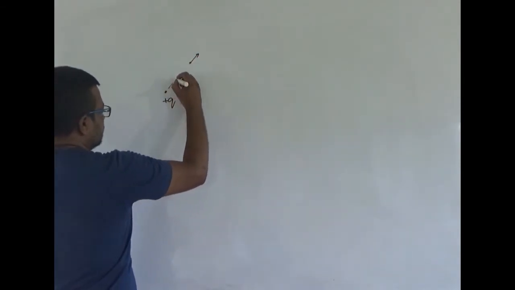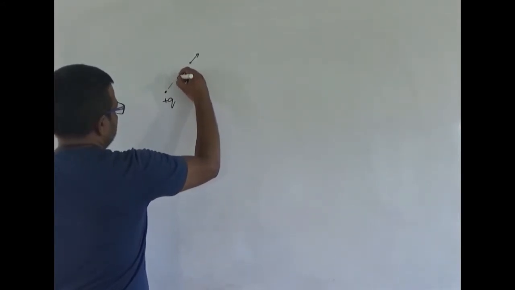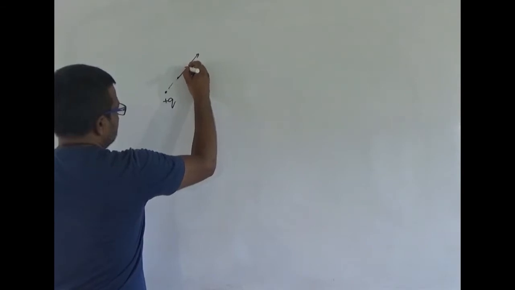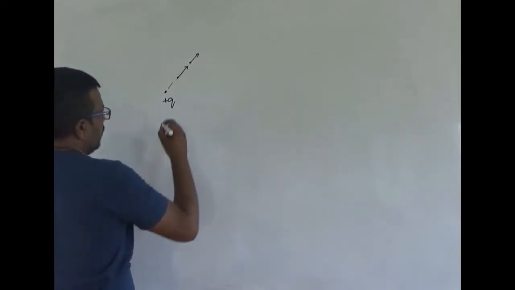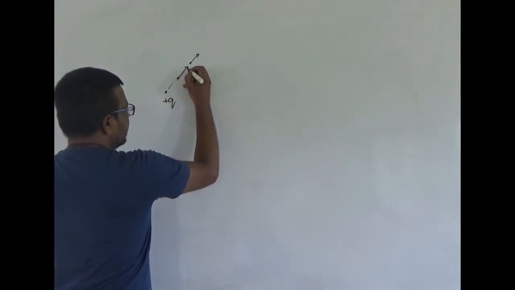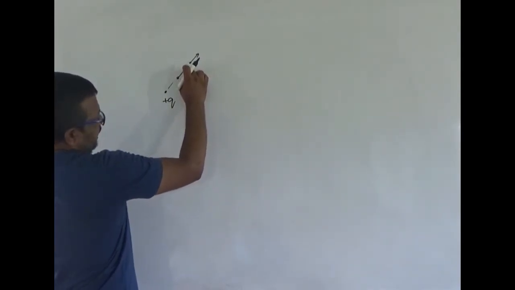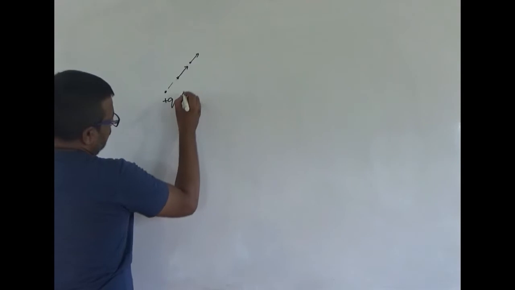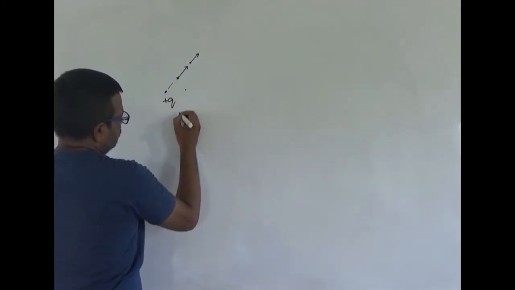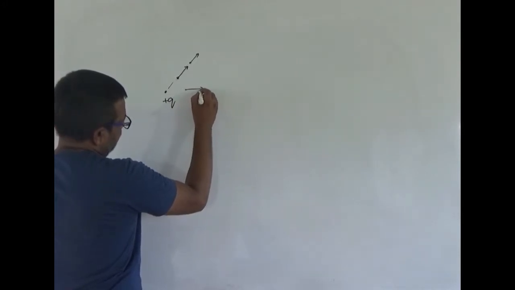If we place this unit positive charge at this point, then this will be the force. See here, this is the force. The length of the straight line is the magnitude of the force, and the arrow gives the direction. If we put here the unit positive charge, then force will be this.